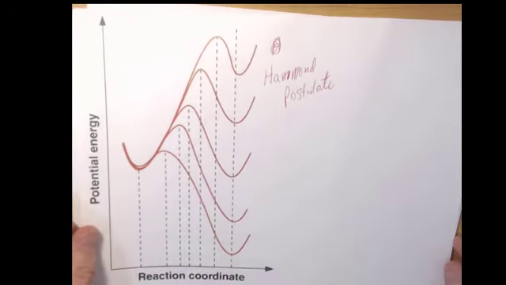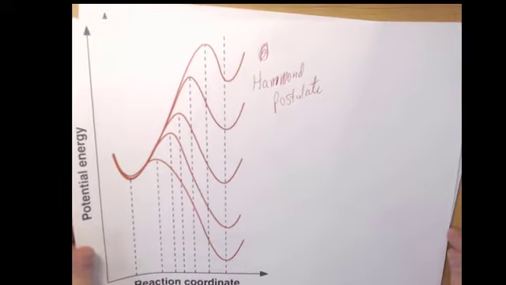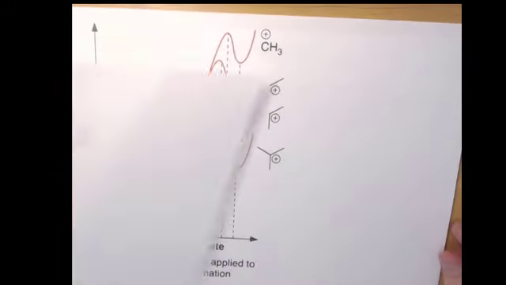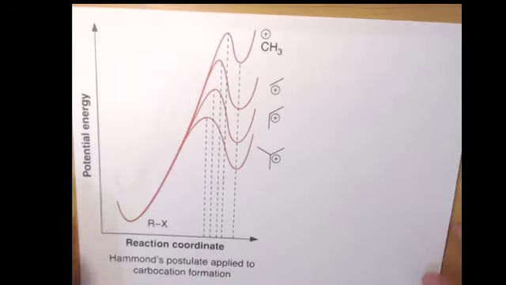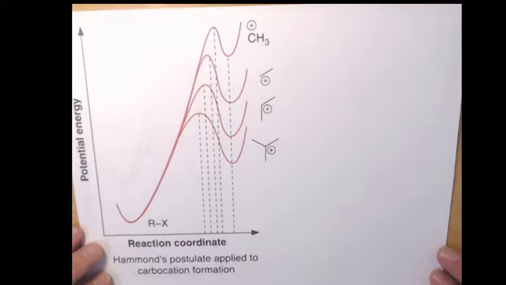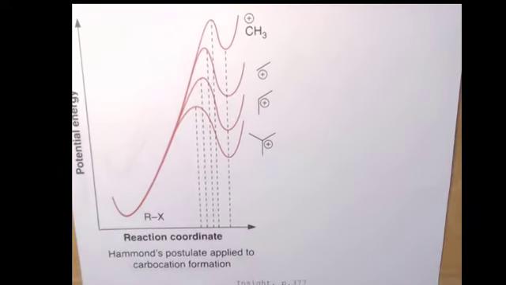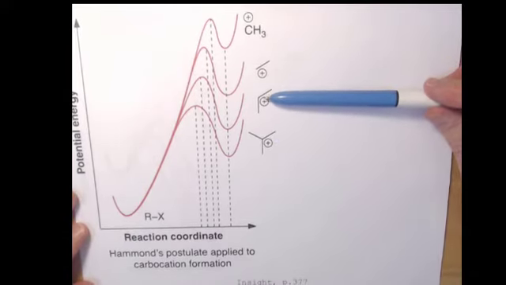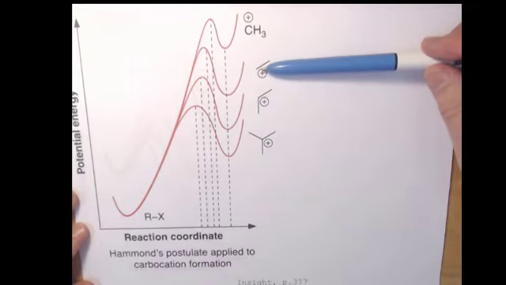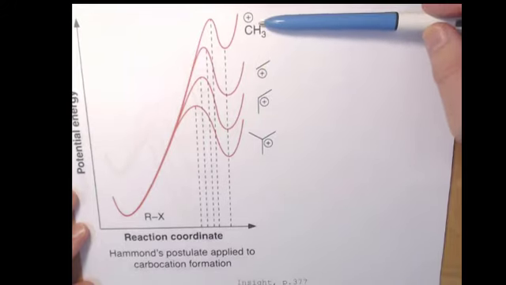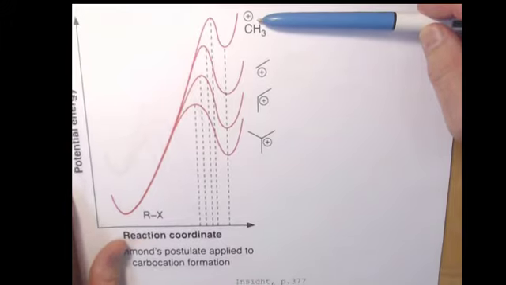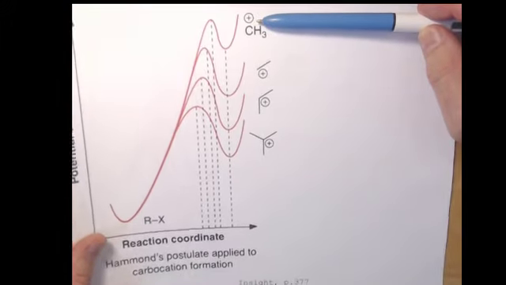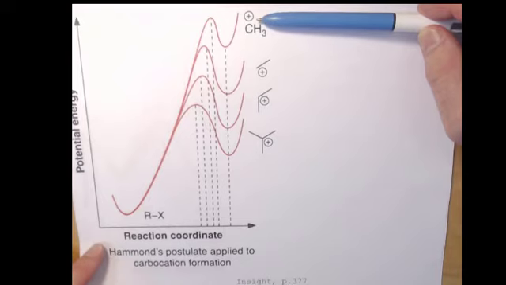Now there's a place where the Hammond postulate has already given us great insight, and that place is in the formation of carbocations. If you recall, we said that the tertiary carbocation was much more stable than a secondary carbocation, which was more stable than a primary carbocation, and much more stable than a methyl carbocation. And this is manifest in SN1 reaction rates that we see many times.